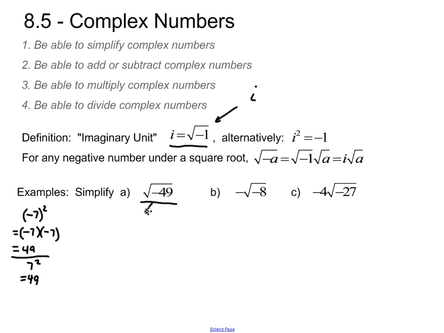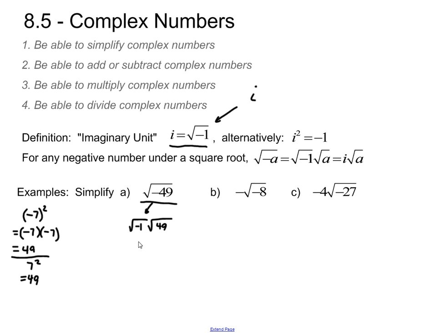Like, let's talk about the square root of negative 49. If I were to reduce that, we're going to use this rule right here that says the square root of negative a is the same thing as the square root of negative 1 times a. And so we would just replace the square root of negative 1 with the convenient notation of lowercase i. So in this case, if I talk about the square root of negative 49, I could think of this as the square root of negative 1 by this rule times the square root of 49.